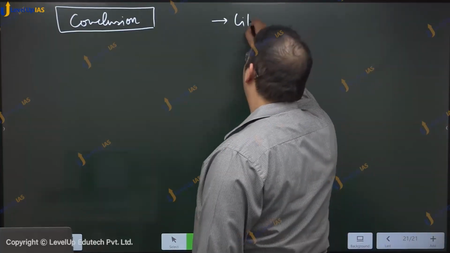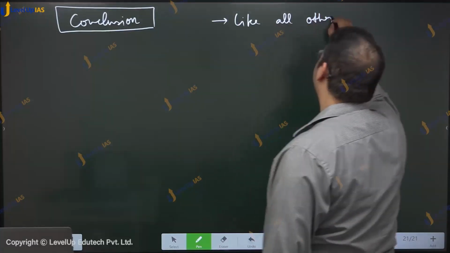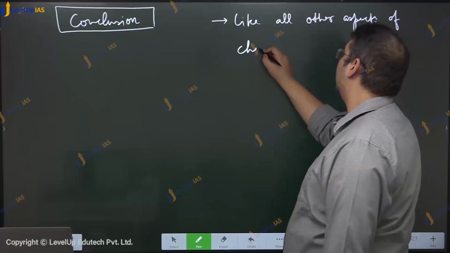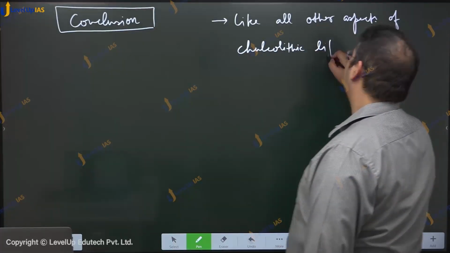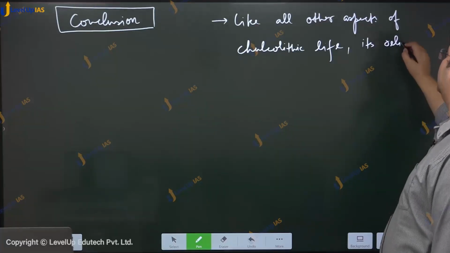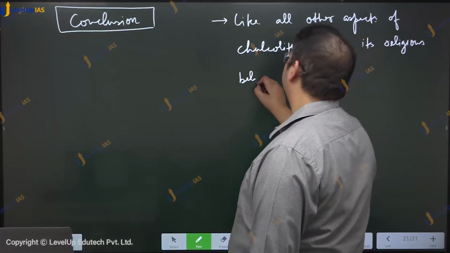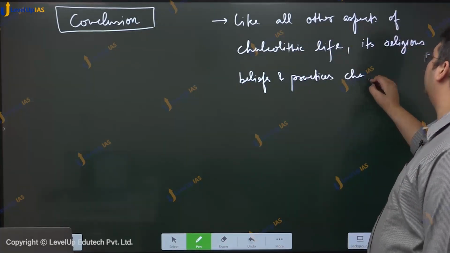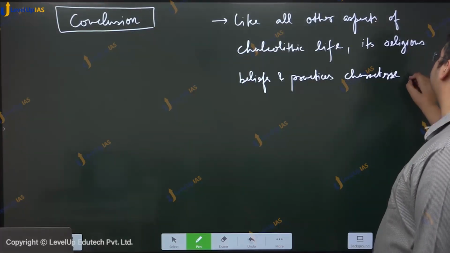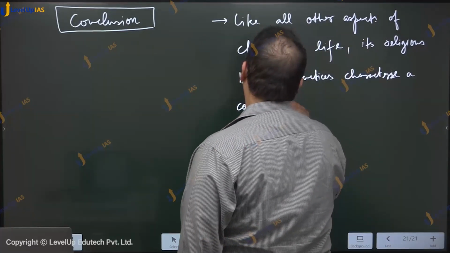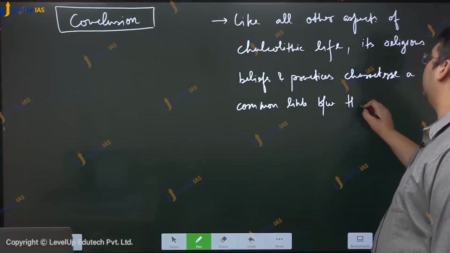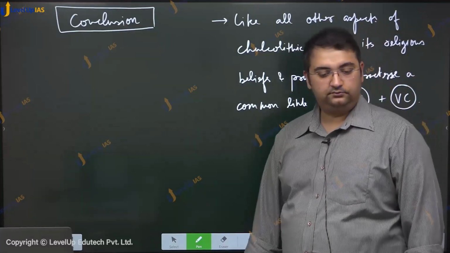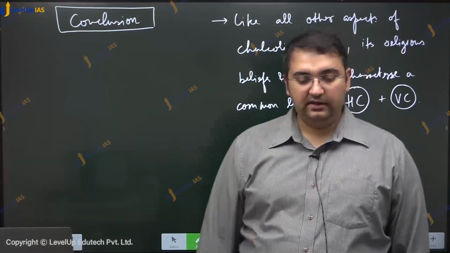That like all other aspects of Chalcolithic life, its religious beliefs and practices characterize a common link between the Harappan culture and Vedic culture.